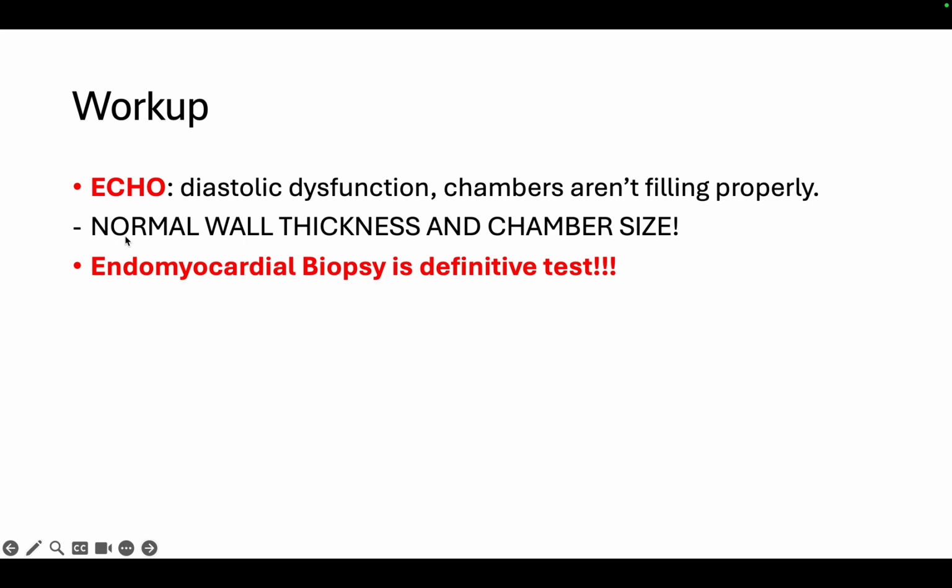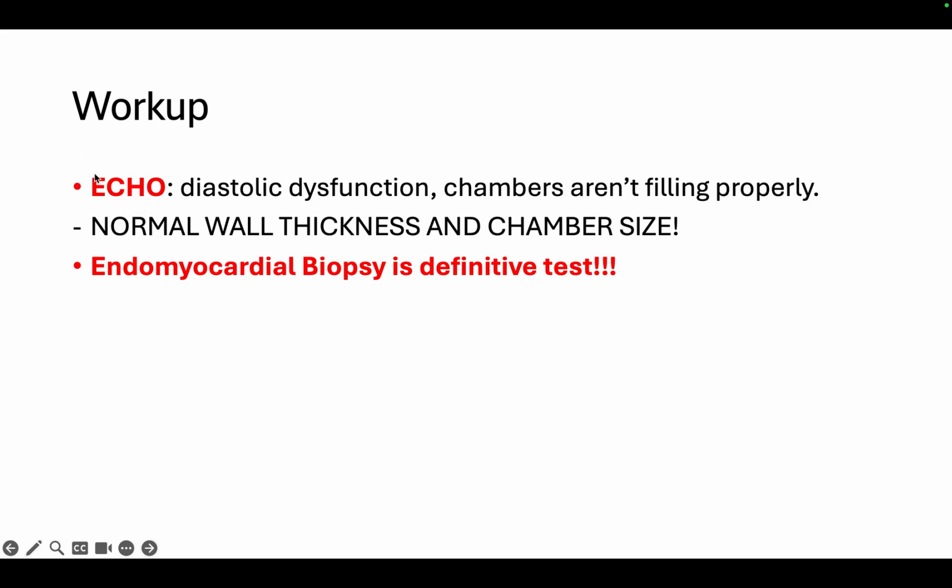Remember, they're going to have normal wall thickness and normal chamber size. Abnormal chamber size would be dilated cardiomyopathy, right? Abnormal wall thickness would be hypertrophic cardiomyopathy. So if it says diastolic dysfunction or the chambers aren't filling properly, you probably have restrictive cardiomyopathy.